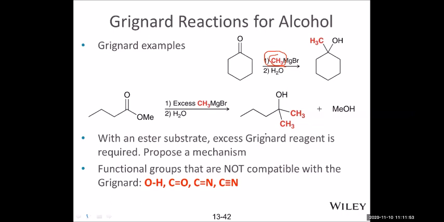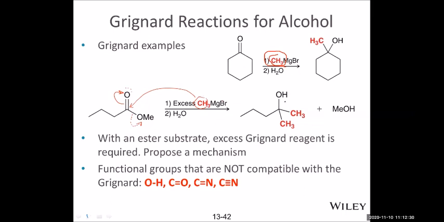It can also react with the ester. With the ester reaction, the first step is the methyl group attacking the carbon. You form the negatively charged ion, and then it comes back and the methoxy group leaves. And once you form the aldehyde intermediate, just like in the hydride reaction, it will react with one more mole of the methyl Grignard reagent.